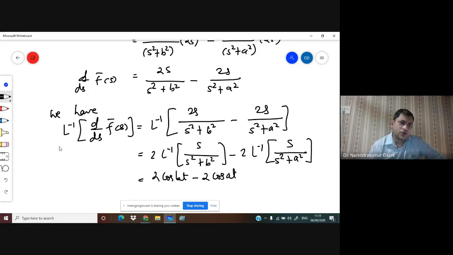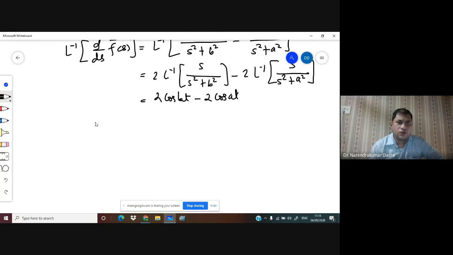So that's what we get here. Now what we have, Laplace inverse of d by ds of f bar of s, and this completes our second step. So now let us calculate using the formula.